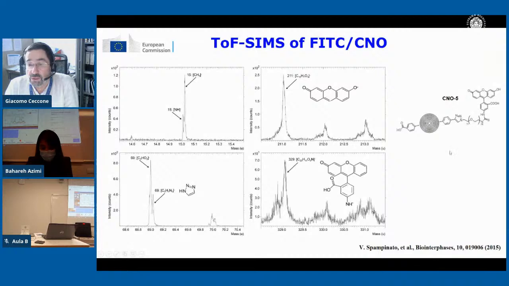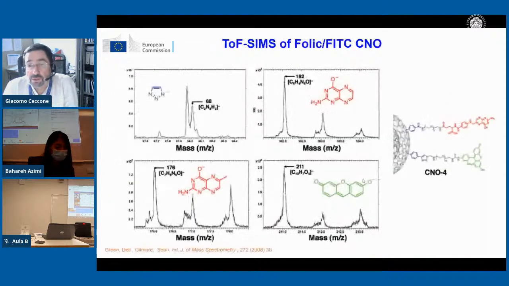And here we also have these large fragments, which correspond mostly to the molecular parent material, the fluorescein. And also, attaching the folic acid after the fluorescein, you again have the click chemistry here, and then the folic acid fragments appearing, with the fluorescein fragments still there.